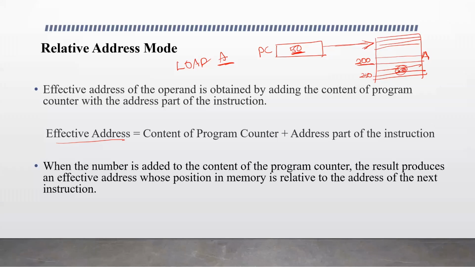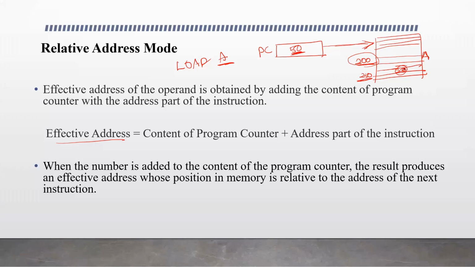This is the operand. So to fetch the operand, we calculate the effective address by adding the address part of the instruction, that is A, whose memory location is 200, to the content of the program counter, which in our case is 50. When you add, you get the effective address, so 250 is the effective address, and we find the operand at that place.